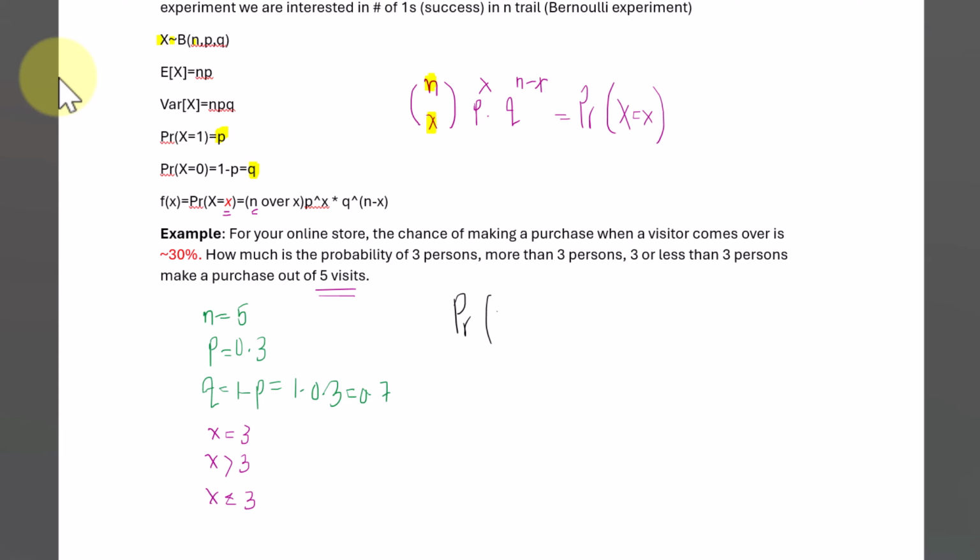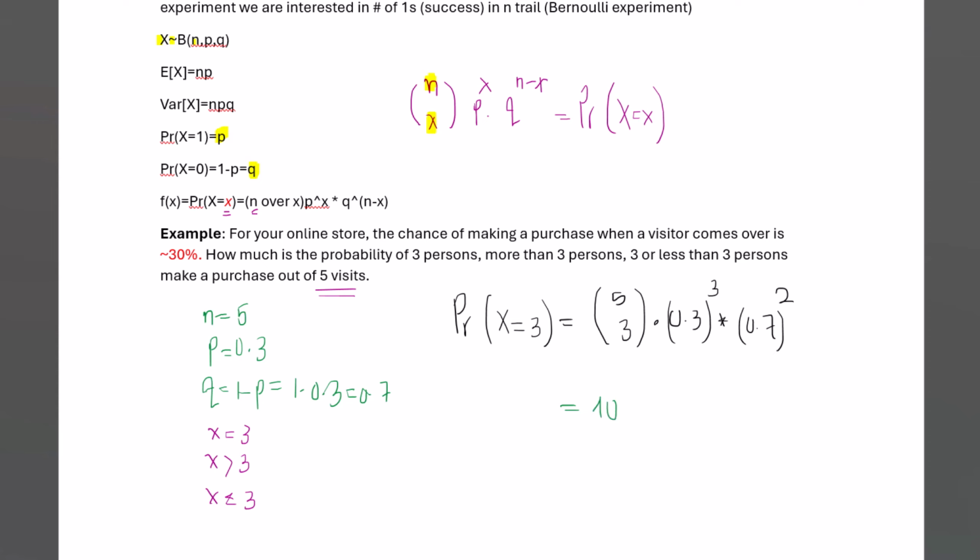First of all, the probability that X is equal to 3, that means exactly 3 out of 5 make a purchase. That's N choose X, 5 choose 3, times p, which is 0.3, to the power of X, to the power of 3, times q, which is 0.7, to the power of N minus X, which is 5 minus 3, is 2. I have calculated already this 5 choose 3.